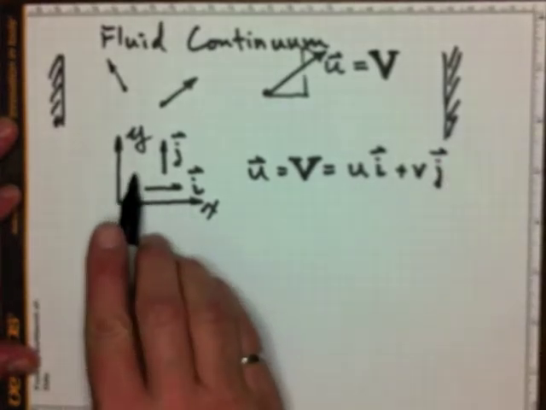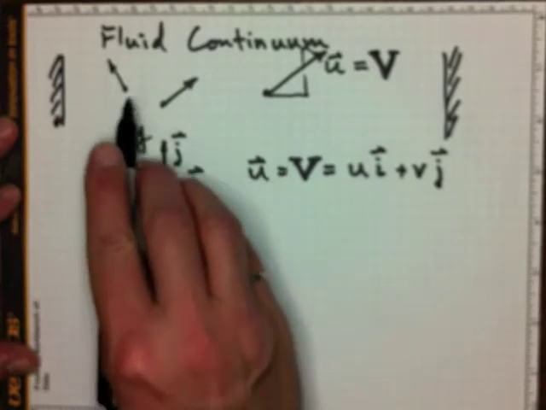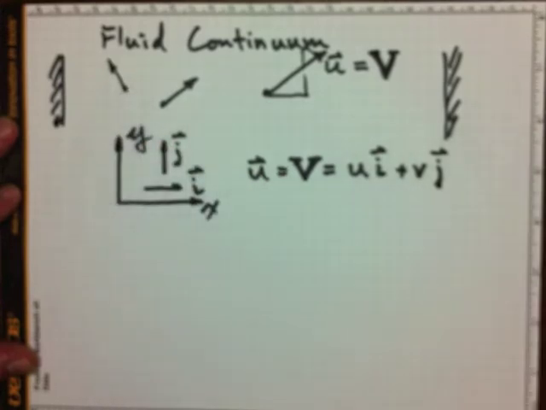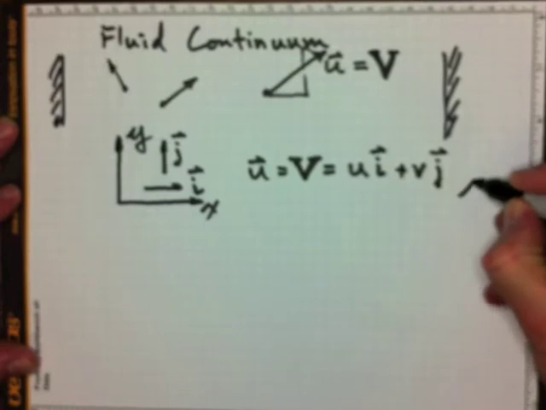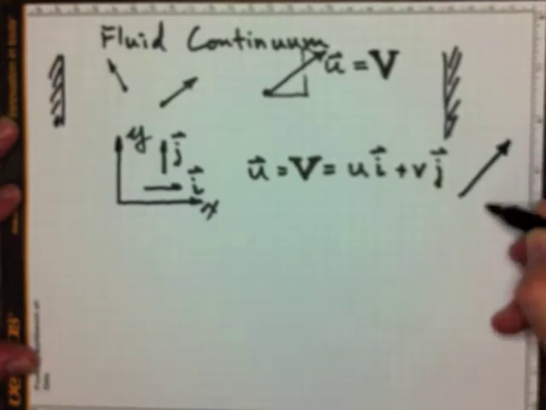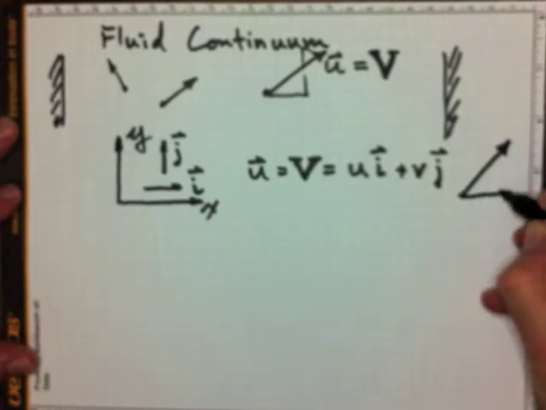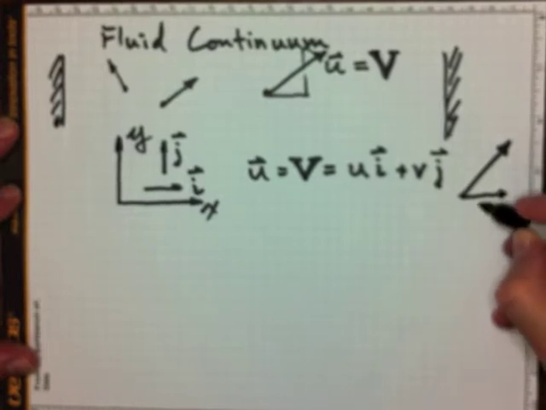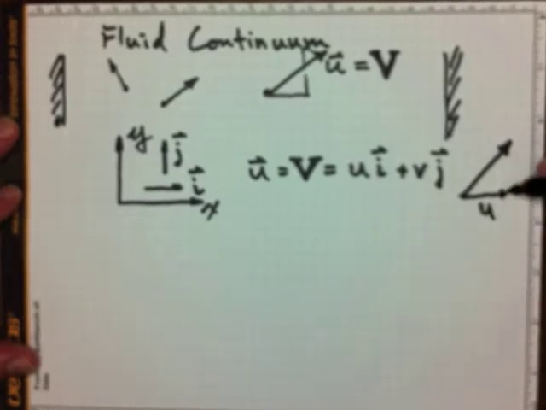So to some extent the velocity goes in this direction, to some extent it goes in that direction, so that if we had this is our velocity vector, then that value there is u in the x direction, and the magnitude of that component of the vector in that direction is v.